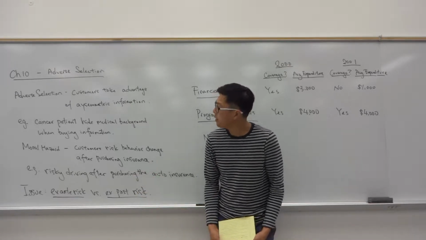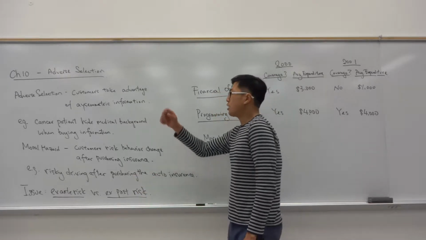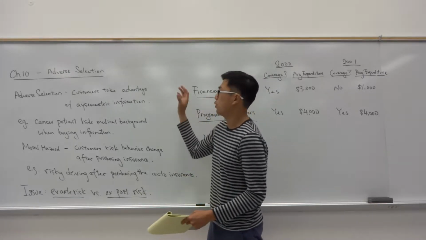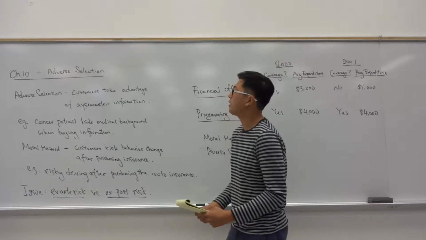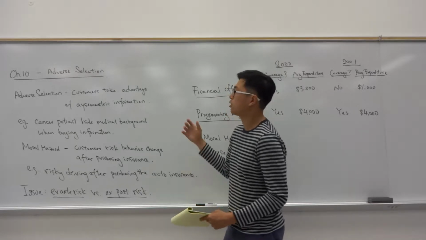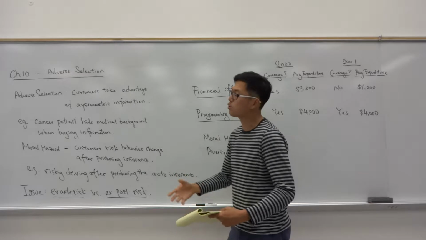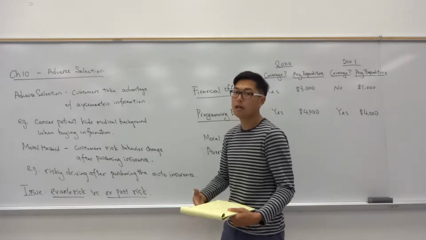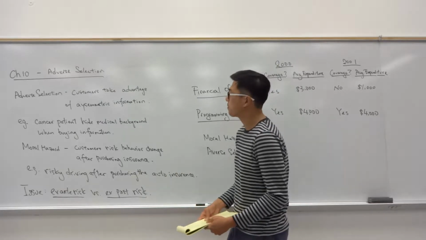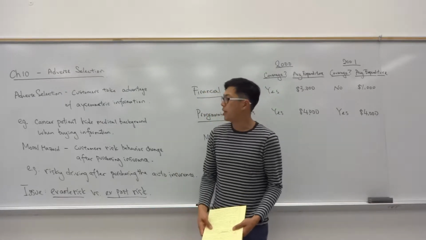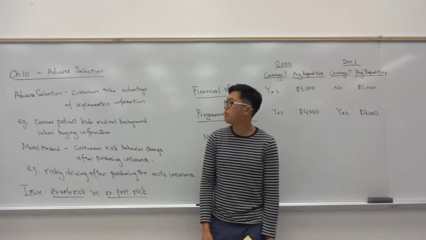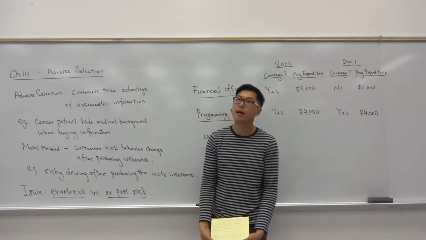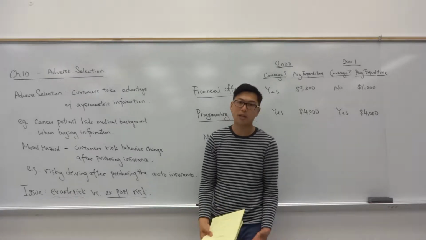So adverse selection comes from the fact that in the insurance market, the customers are taking advantage of this asymmetrical information. They try to hide something from the insurer so that they can pay lower premiums according to the risks.